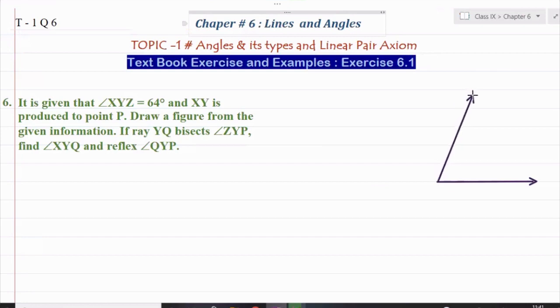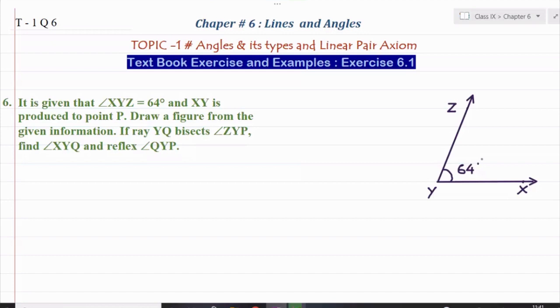So see students, we are given angle XYZ, so I will give the names first. This point is X, this point is Y, and this point is Z, and this angle we are given as 64 degrees. Right? So the first information is over.